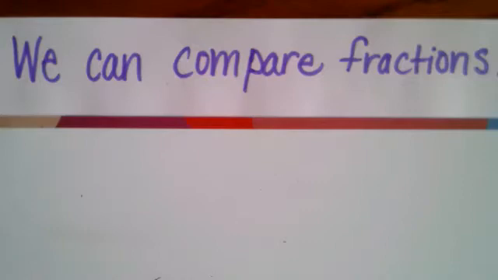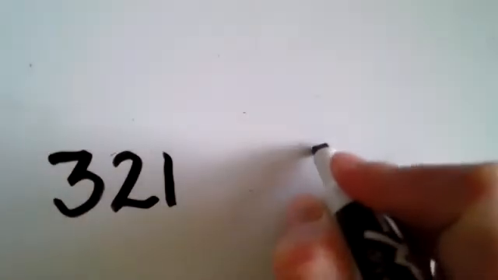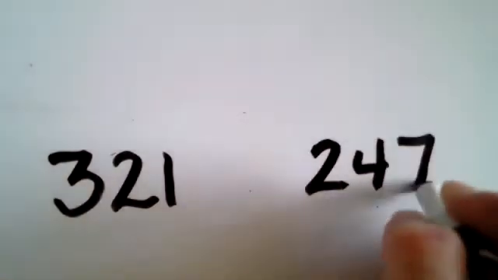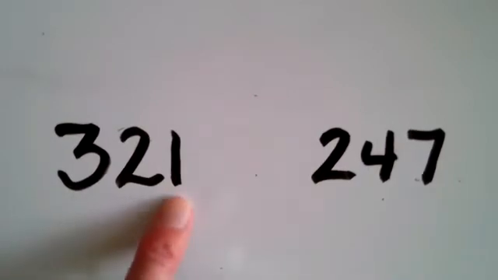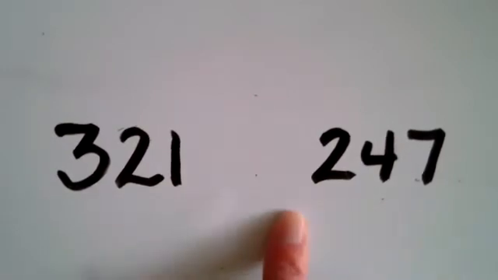I want to remind you how we compared whole numbers because you are all experts. If we have the number 321 and the number 247, we learned to first make sure that they're the same number of digits. Both of these numbers go out to the hundreds place.